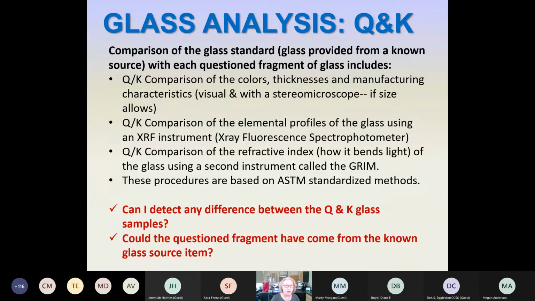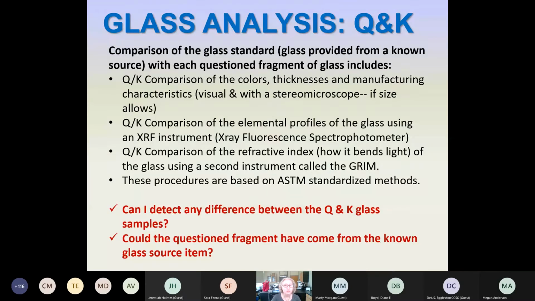And by manufacturing characteristics, what we're talking about is, is this mirrored glass? Is it tempered glass? Vehicle side windows and rear windows and sunroofs and things like that are all tempered safety glass. It's a very different type of glass than, say, a windshield, which is not tempered glass, but instead is sandwiched laminated glass.